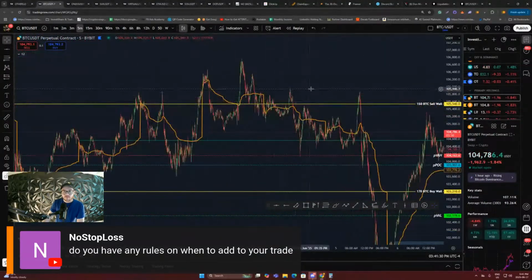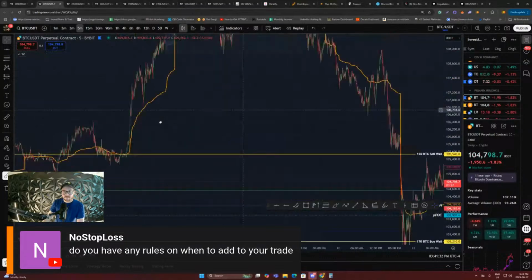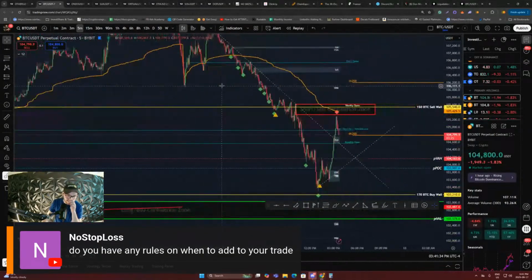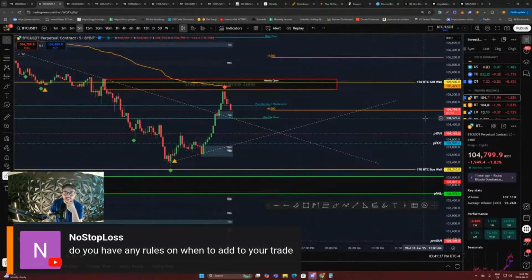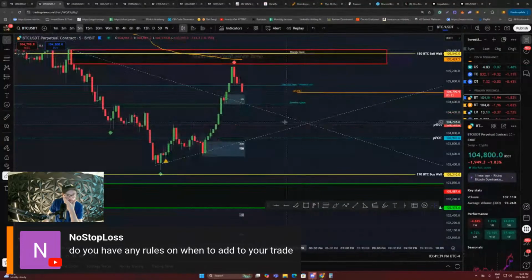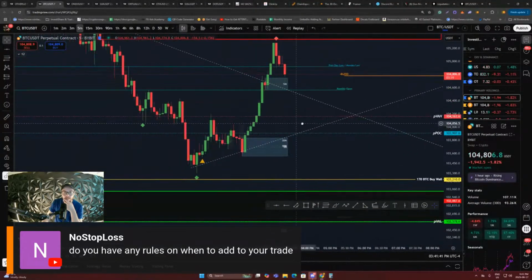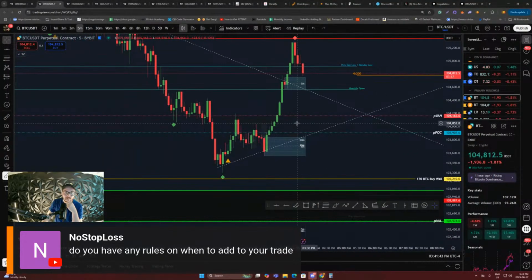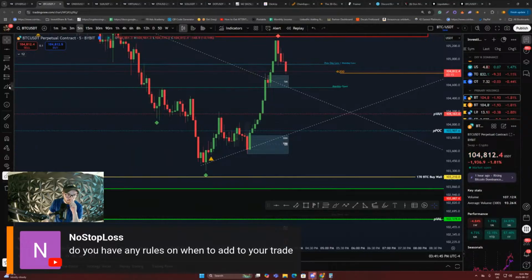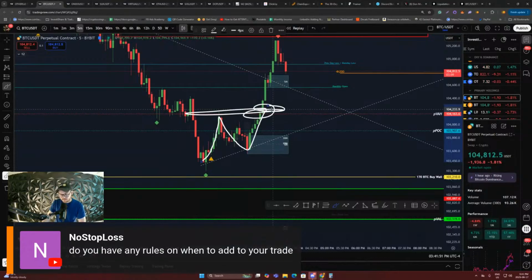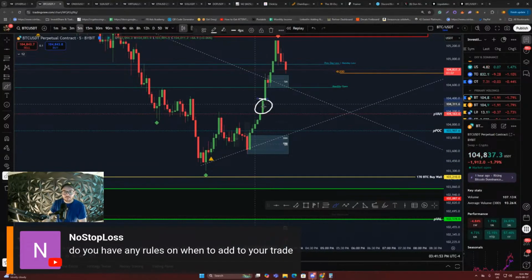You don't want to add to a losing position unless you planned that it could go against you. For example, if I were to add to a losing position, let's say there was a change of character occurrence here. Let's pretend there was one, but I anticipate that there might be a pullback.